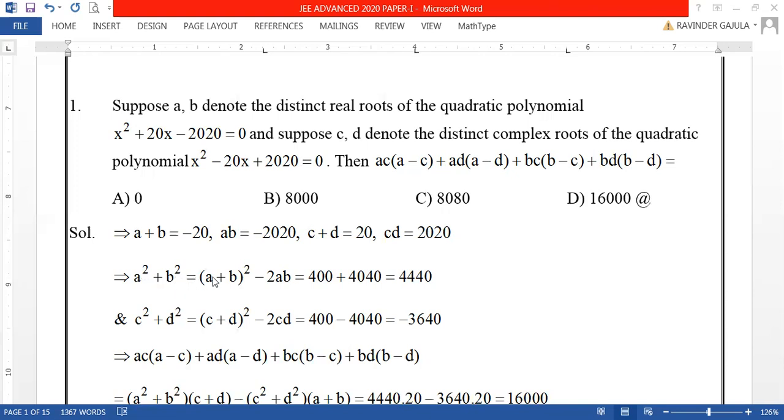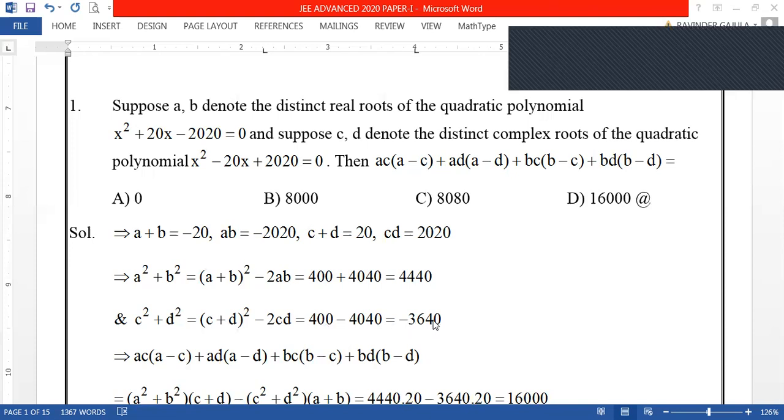Here A square plus B square is (A plus B) whole square minus 2AB, where A plus B is minus 20, square is 400, AB is minus 20, so minus 2AB is 40, so that sum is 440. And C square plus D square can be taken as (C plus D) whole square minus 2CD, and substituting the values, the value of C square plus D square is minus 360.